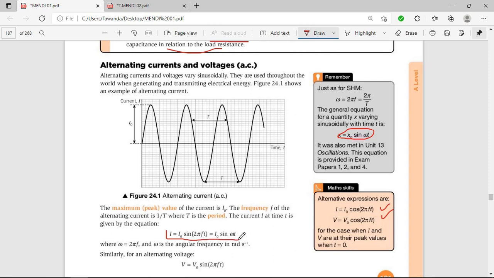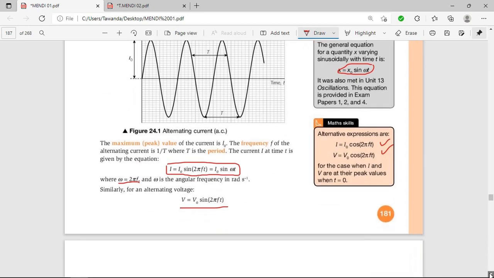If it is a cosine graph, you will be using this one. But if it is a sine graph, you will be going to use this one. Remember from oscillations that omega is 2 pi f. So this can be reduced to current is equal to maximum current, then sine omega t. Similar for voltage, still the same thing for voltage.